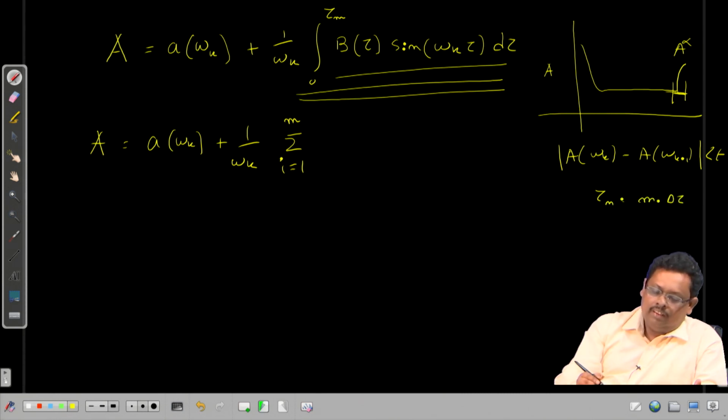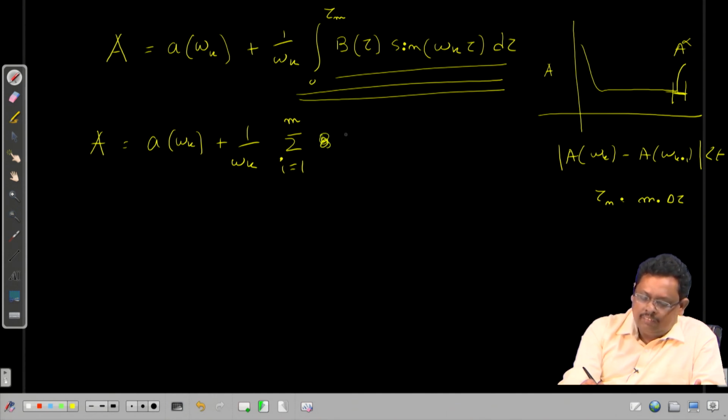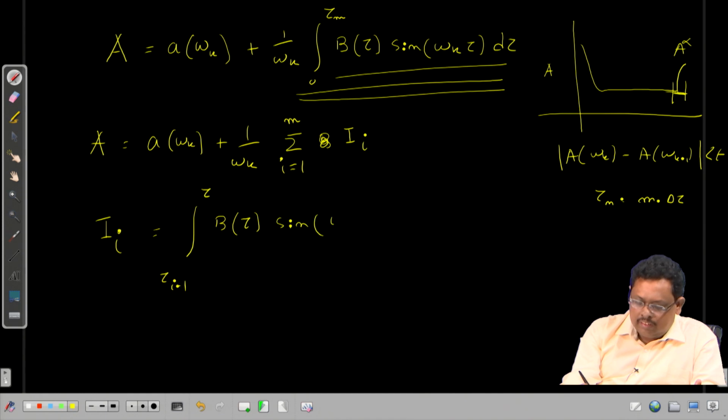Then it is the integration of some i, where i is the interval from tau i minus 1 to tau i, of b(tau) into sine(omega k tau) d tau.